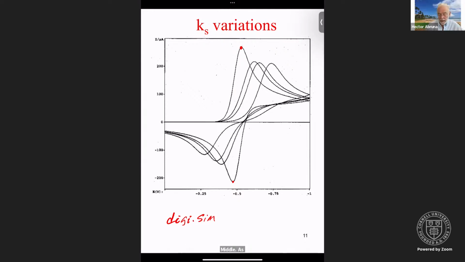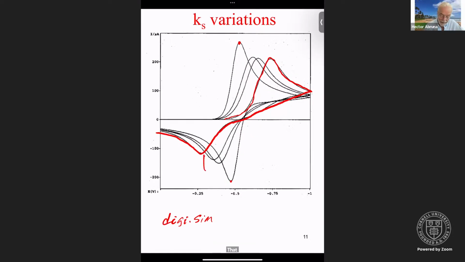As you make the process increasingly slow or more irreversible, then you eventually get to a profile that might look like that, where clearly delta E peak is ginormous.